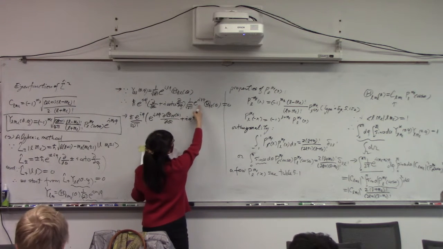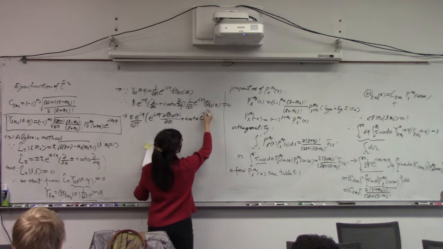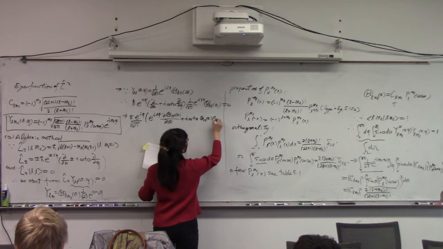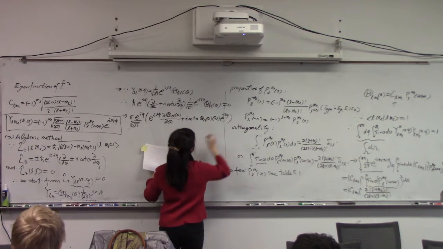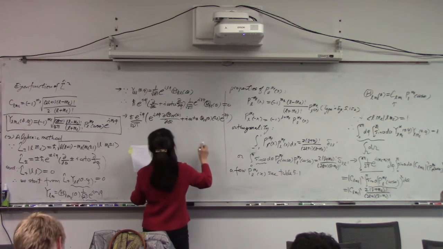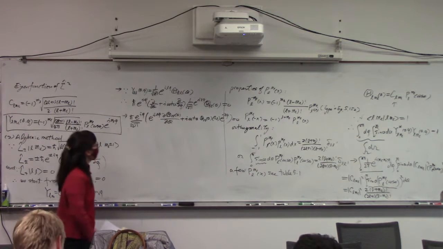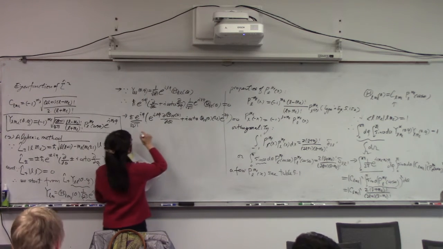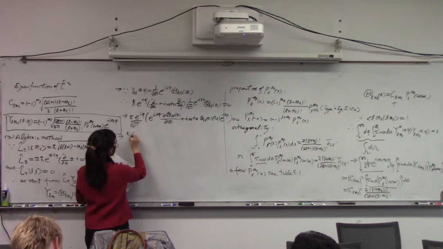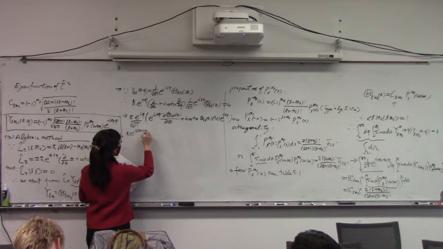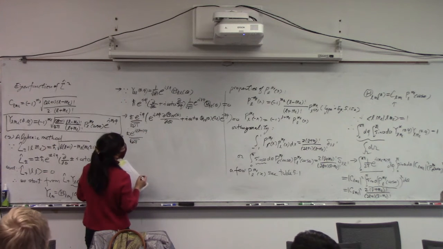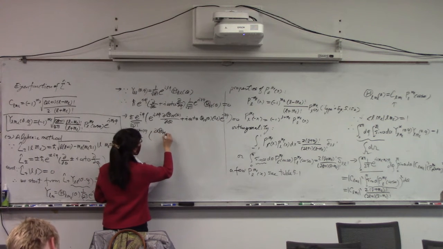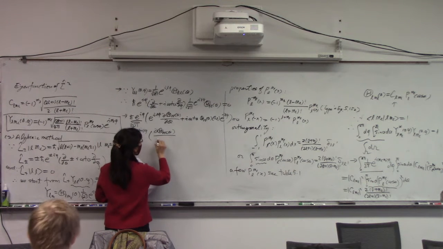Now this is only partial to phi, not theta, so this capital theta L is kept here. Then we have i L e to the i L phi. That's equal to 0. Now I take this e to the i L phi outside, this also e to the i L phi outside. So this is h bar e to the i (L plus 1) phi over square root 2 pi.